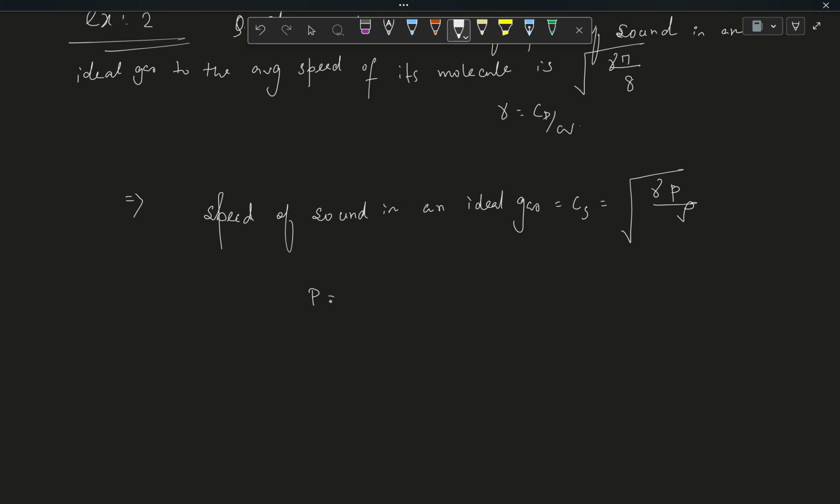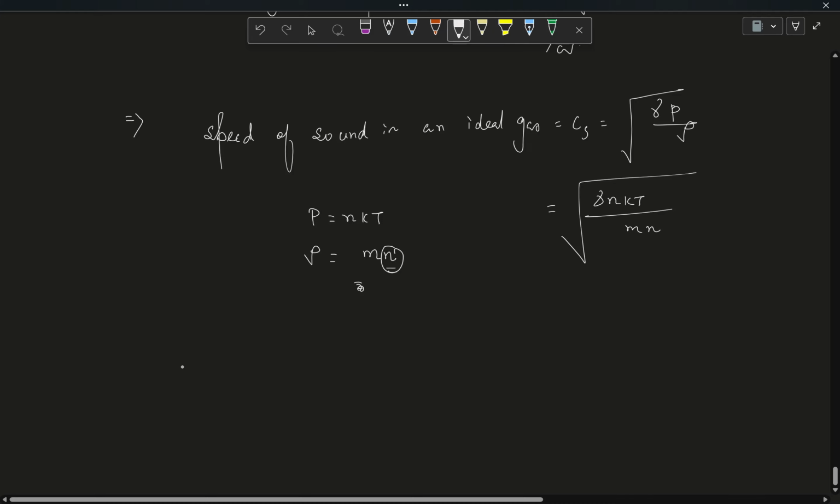So you know from Clapeyron's equation, pressure is nkT, and rho, because it is mass density, mass per volume, is m times n, that is the mass of a single molecule times the number of molecules per unit volume, which is the molecular number density n, right? So you have gamma nkT divided by m times n.